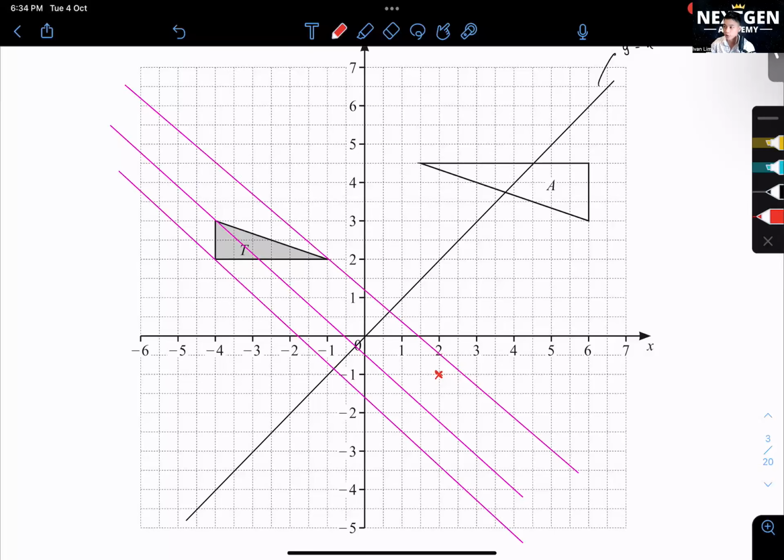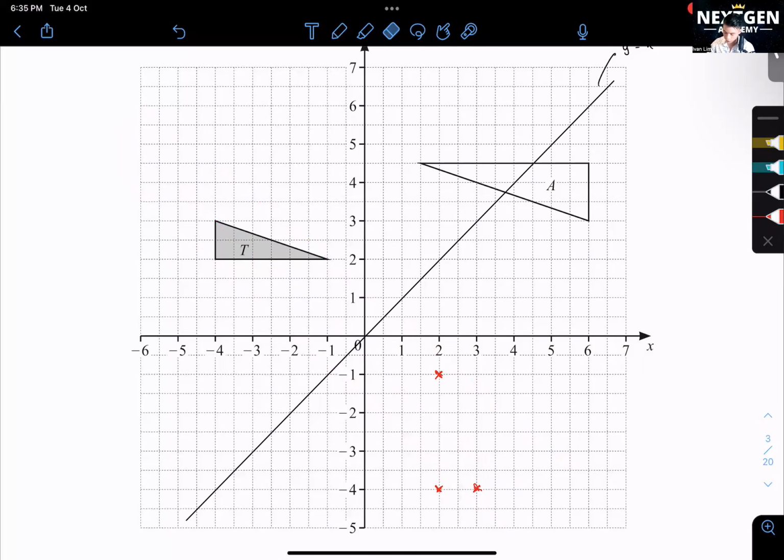Because this is not a perpendicular line, you need to draw it properly. Then 2, -4. And then what's the last one? 3, -4. I'll erase this so as not to confuse you all. So this is your first one.